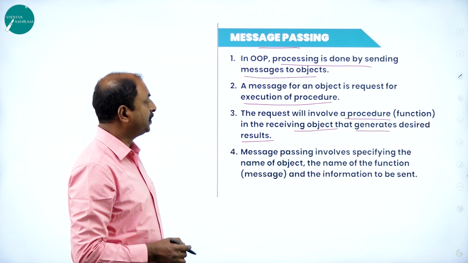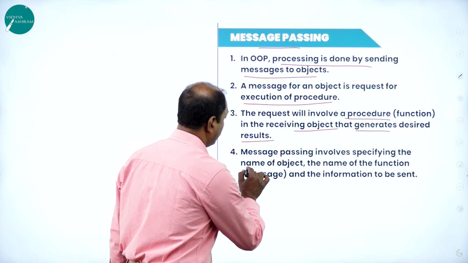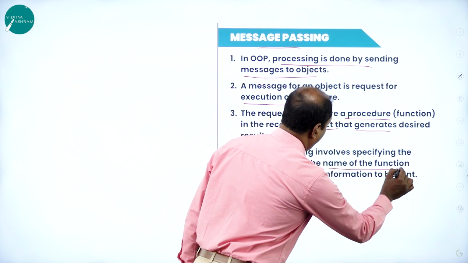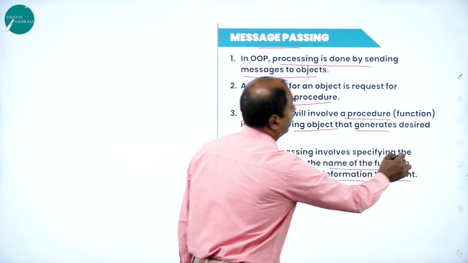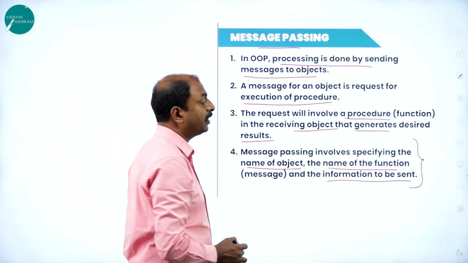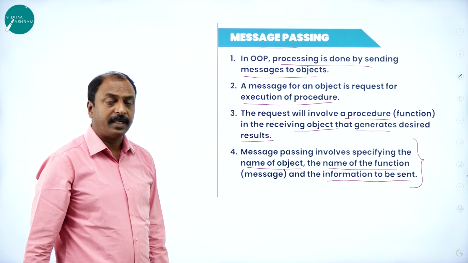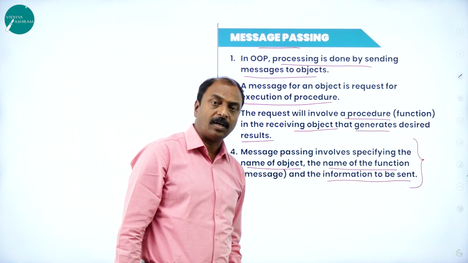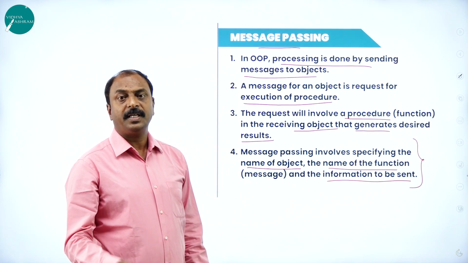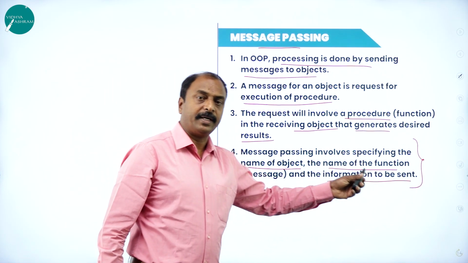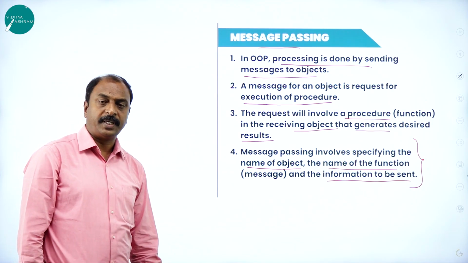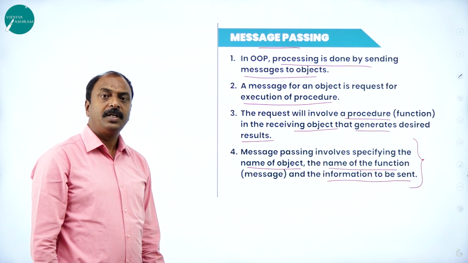Message passing involves specifying the name of the object, the name of the function, and the information to be sent. So if you want to communicate with another object, or pass an instruction to another object, it has to go in this format. This is message passing, communication between two objects.